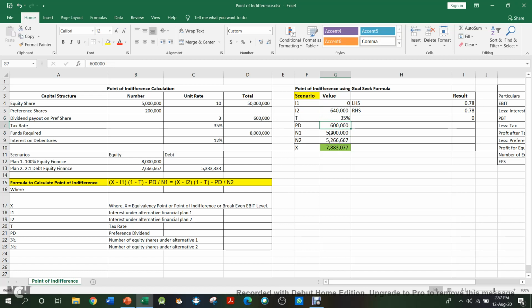Then number of equity shares: in option 1, I will be having 50 lakh shares plus 8 lakh from here, so total 58 lakh. In case of N2, I will be having 50 lakh plus 2 lakh 66,000. Then X comes as 7.883 lakhs. So 78 lakh 83,000 is my point of indifference.